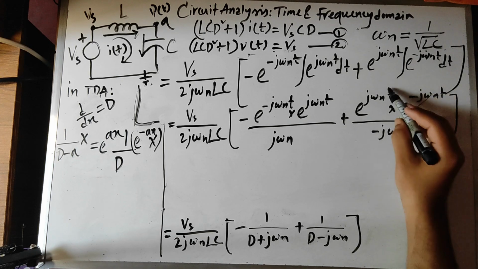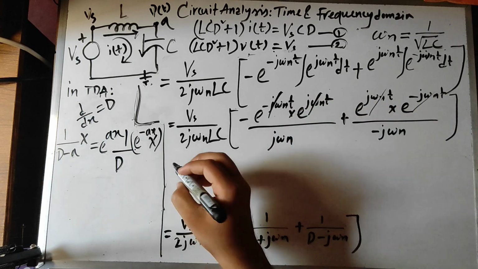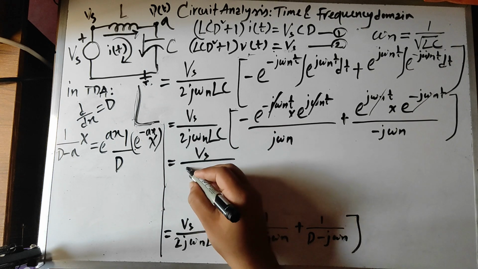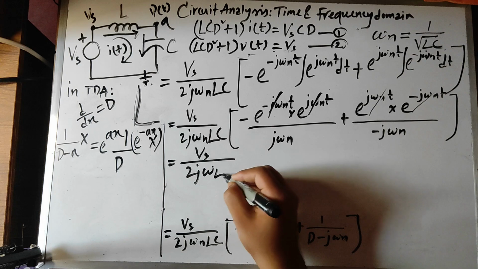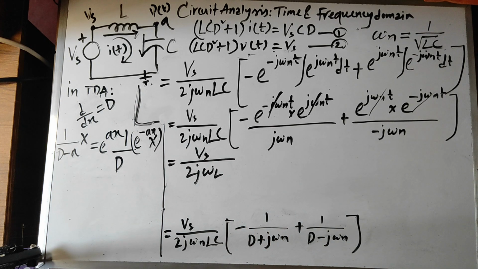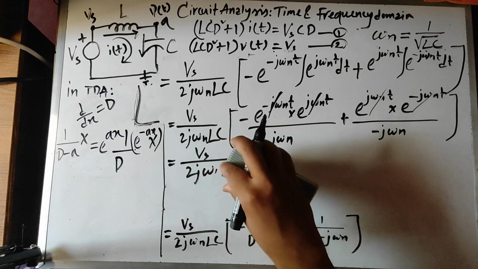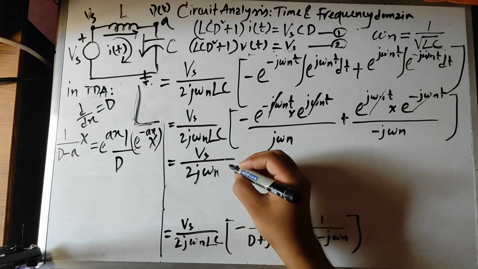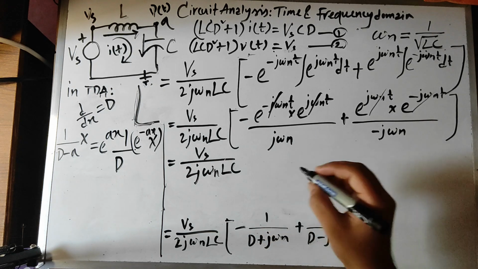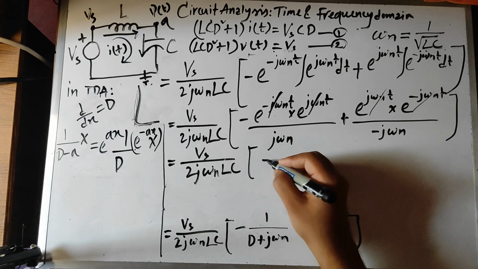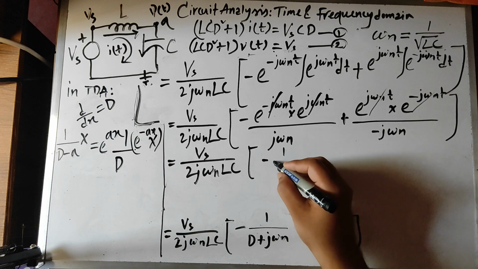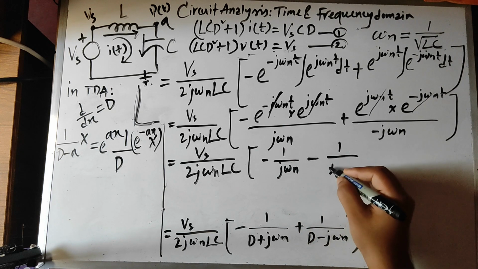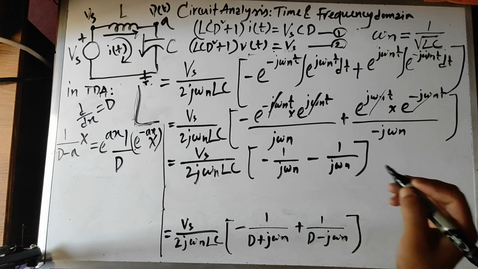So this will cut out, leaving us with Vs by 2j omega n LC times minus 1 by j omega n minus 1 by j omega n.